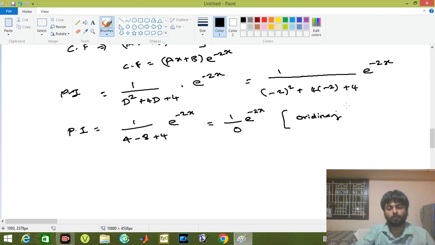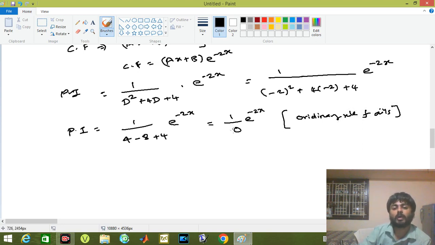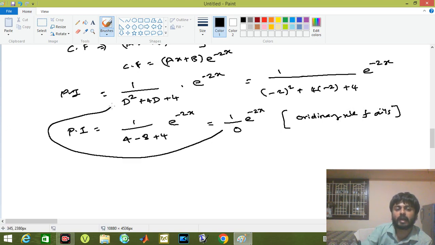Ordinary rule fails. So if the ordinary rule fails, what you have to do? You have to go to the previous step where you are having D. You can take the D and differentiate the denominator.